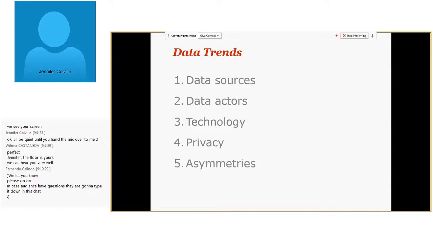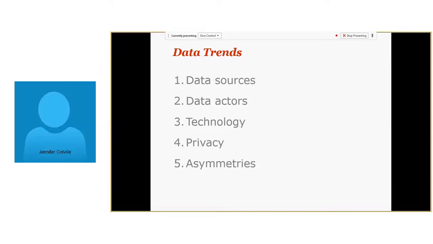So interactions that we have where we kind of know that we're generating data is one thing, but then there's also all the data that gets generated in more of a passive way. So it's something to think about, and it relates to a couple of these other trends. This idea that data gets generated by us that we don't even really think about, or we don't know that it's being generated.